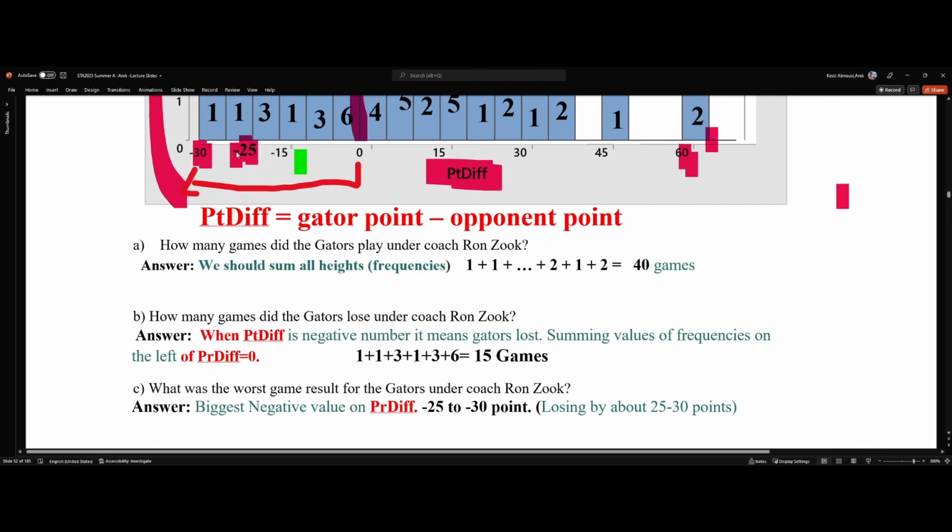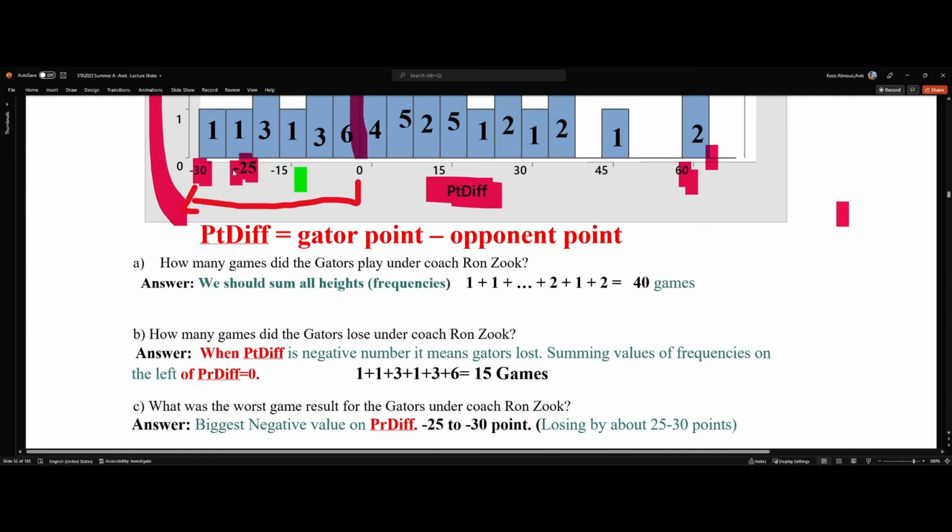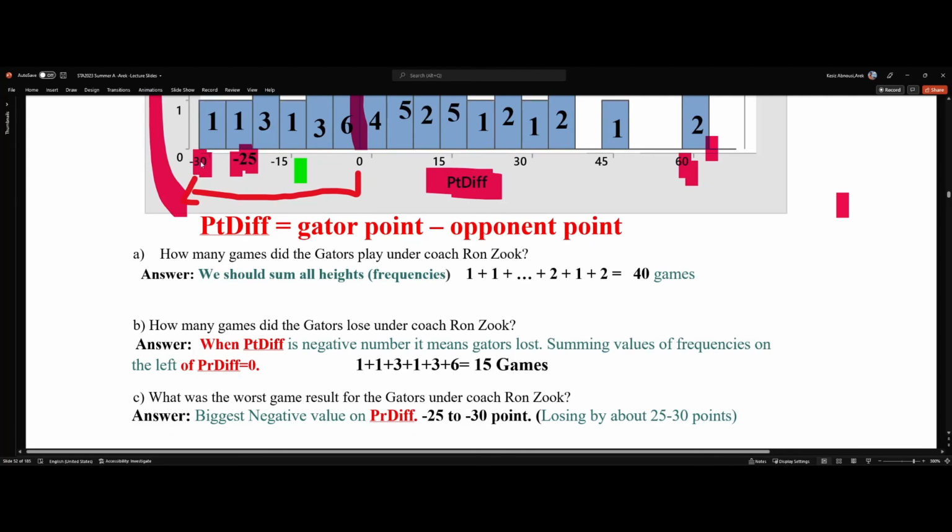The next question is the worst game result for Ron Zook. So we have to check the intervals. The worst game result was between minus 30 and minus 25. This has to be on the left, I think there's an error, you will see in your copy, in your notes. It's between minus 25 and minus 30 points.